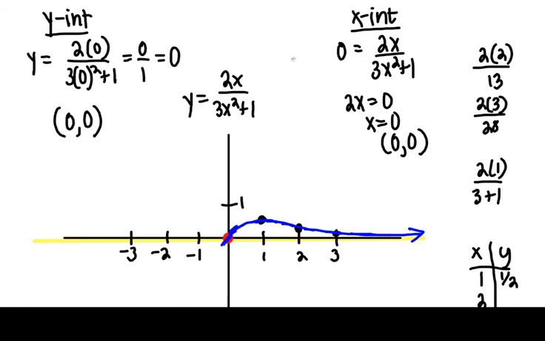So now we're going to put a negative 1 in. When I put a negative 1 in, I get 2 times negative 1 over 3 plus 1. Well, that's negative 1/2.